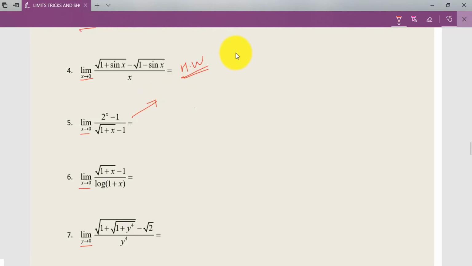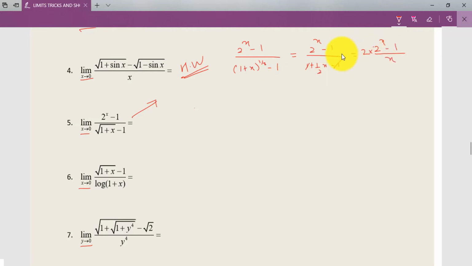So it is (2^x minus 1) divided by (1 plus x)^(1/2) minus 1. Here it is power 1/2, so by binomial expansion I can write it as 1 plus 1/2 x, and the minus 1 and plus 1 get cancelled. So we have (2^x minus 1) divided by 1/2 x, and the 1/2 will come out, so 2 into (2^x minus 1) divided by x.